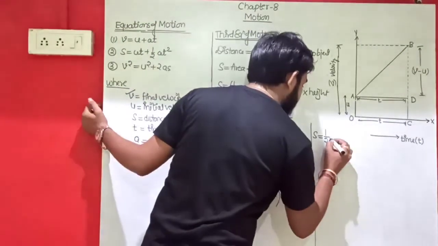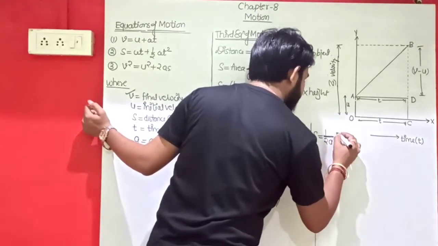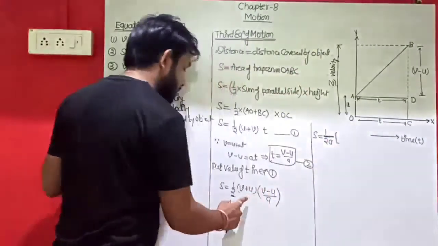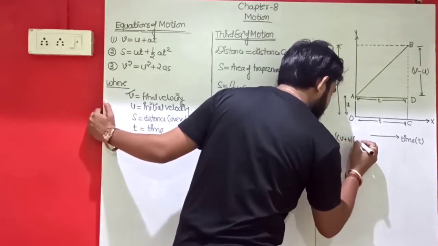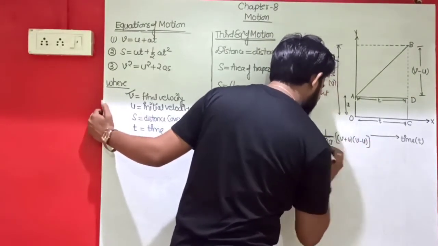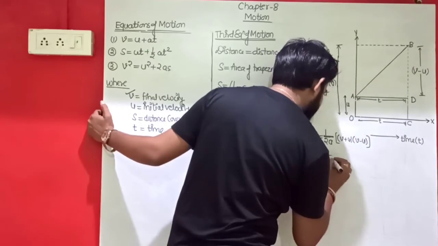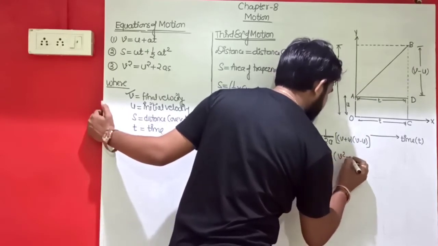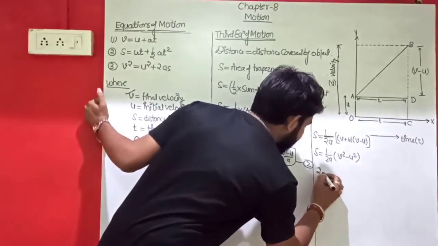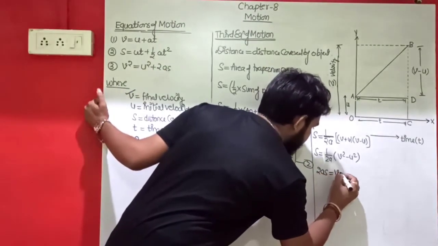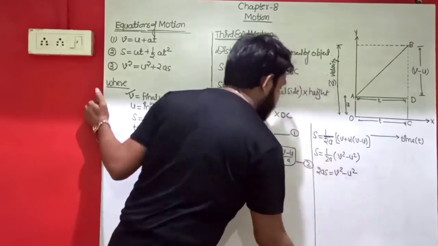So 1/2 is that clear, and now single bracket V plus U, so that is V plus U into V minus U okay. So S equal to 1/2A in bracket A square minus B square okay fine. 2A का मल्टीप्लाई कर दिया तो हमने लिख दिया हमें 2AS equal to V square minus U square.